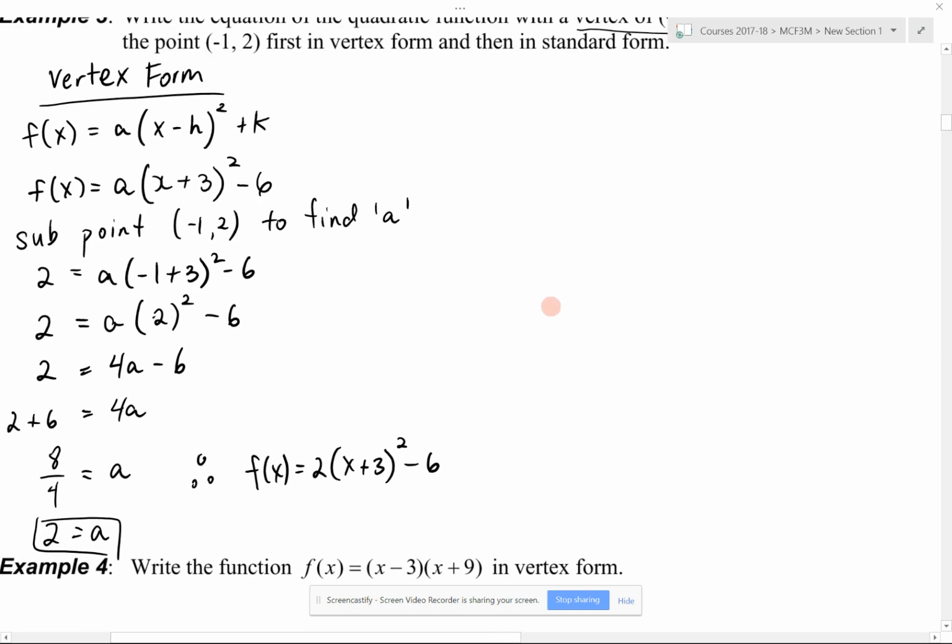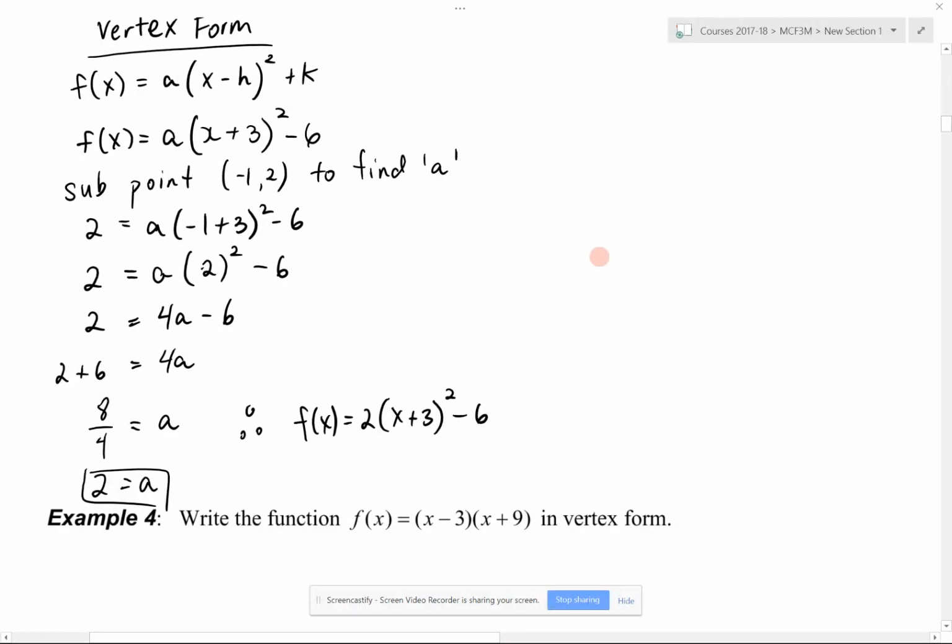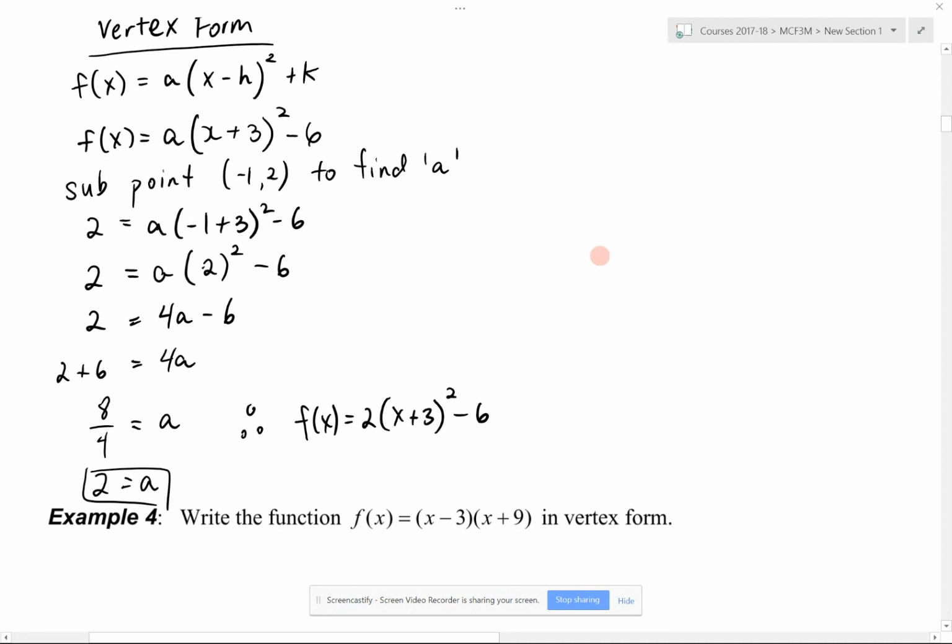Now, if I wanted to write this equation in standard form, I can take my vertex form and expand it.